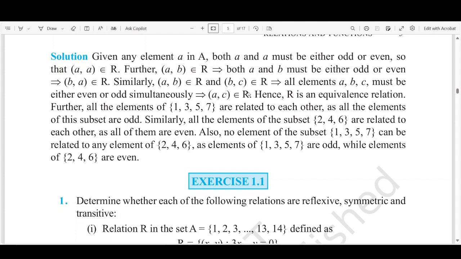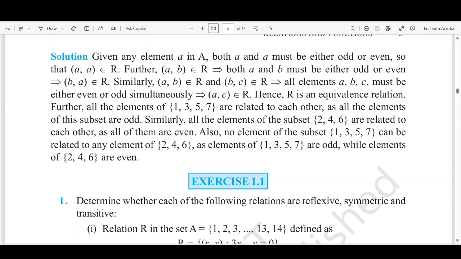Therefore, the ordered pair (a, a) will be included in the set R. Thus, the relation is reflexive. Second one, symmetric. If you take two elements a and b from the set A such that a is related to b, we know that both a and b must be either odd or even numbers. So what we could conclude is b is related to a. Therefore, the relation R is symmetric.